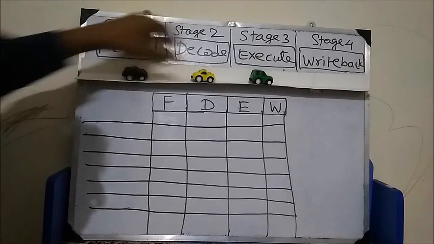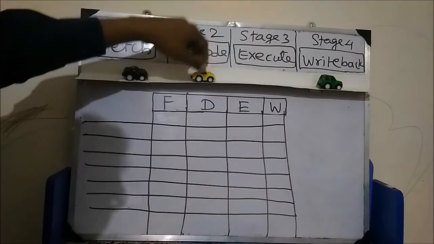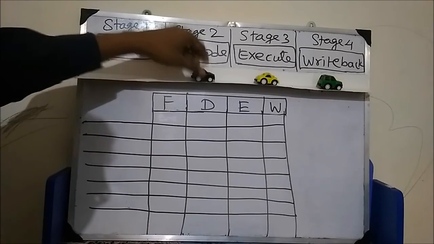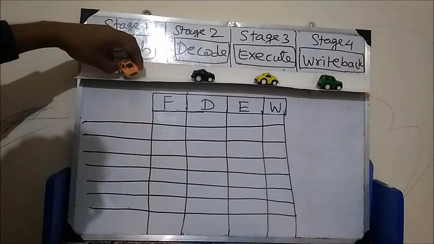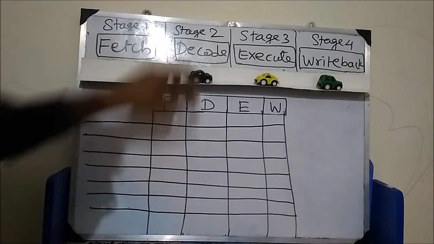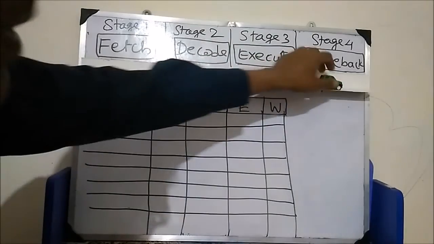When instruction 1 goes to write back, instruction 2 goes to the execute stage, instruction 3 goes to the decode stage, and instruction 4 goes to fetch.